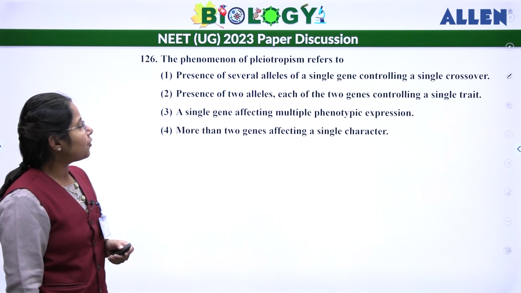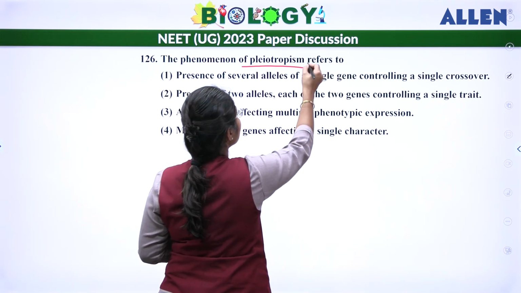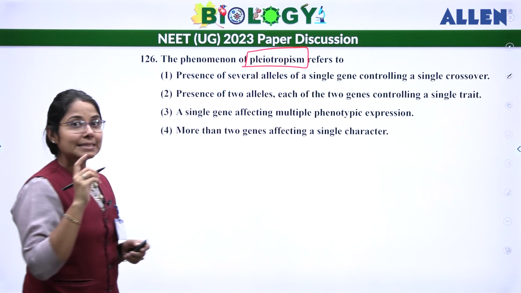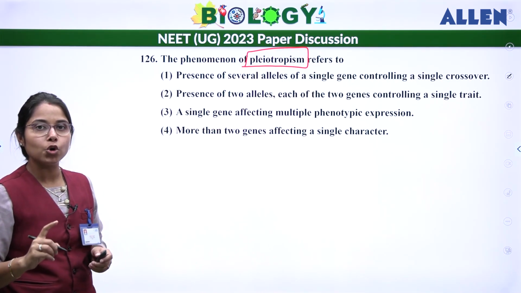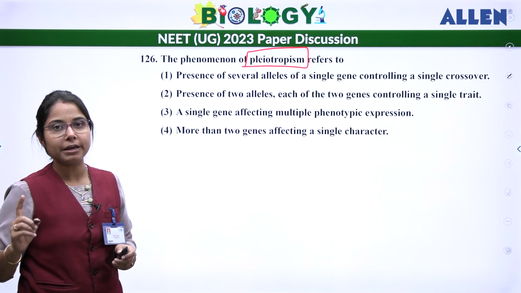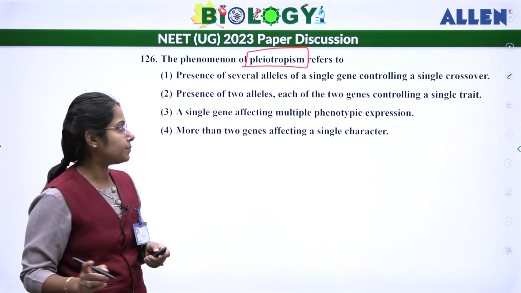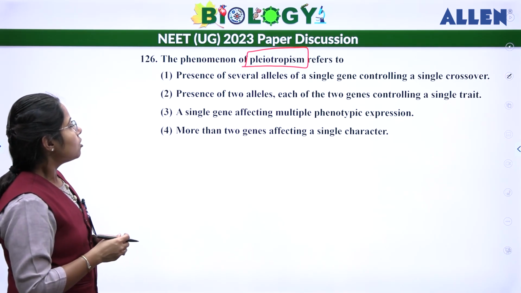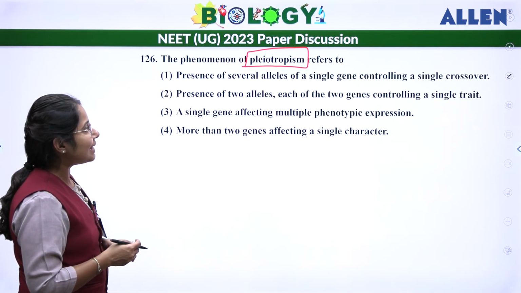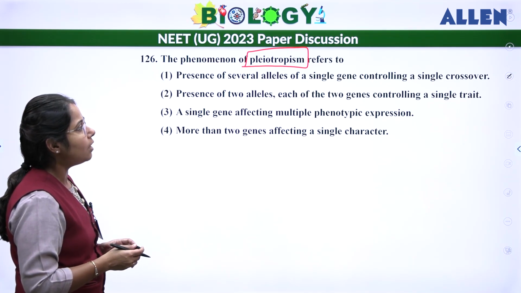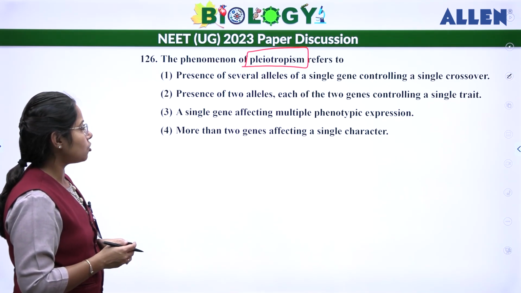Next, the phenomenon of pleiotropy. Pleiotropy means a single gene is coding for multiple phenotypic effects. That is called pleiotropy. So the first option, presence of several alleles of a single gene controlling a single character, is not it.